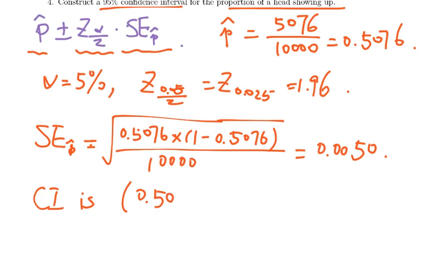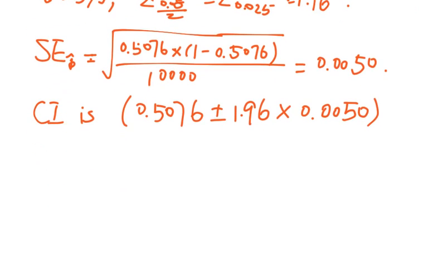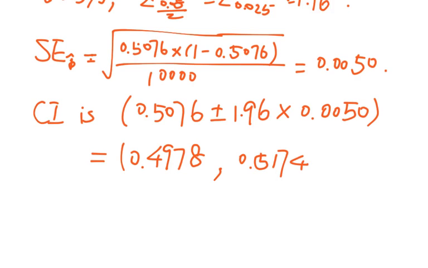And if we do the calculation, this is 0.4978 to 0.5174. Okay, this is part 4. And this will be a 95% confidence interval for the proportion of a head showing up. And this is the end of this problem.